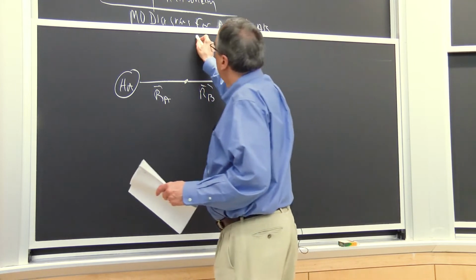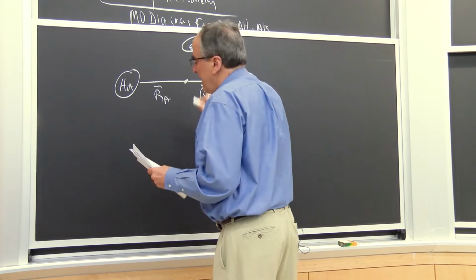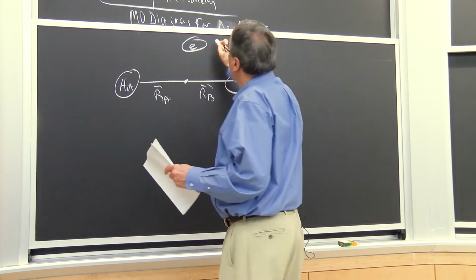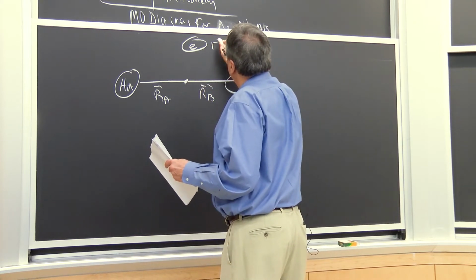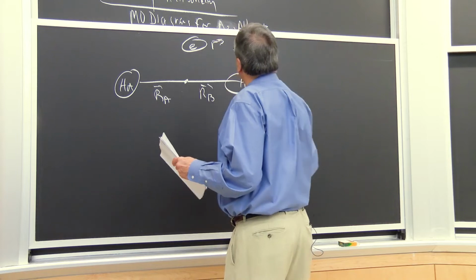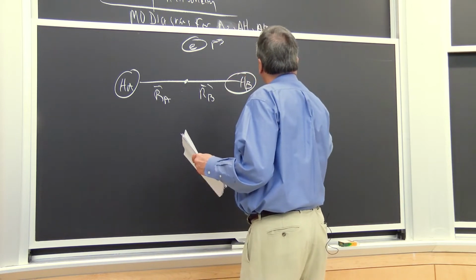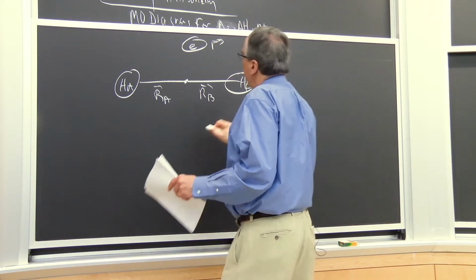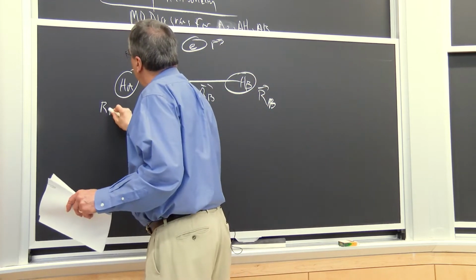And up here is the electron, and it's at position r. This is at position RB, position RA.